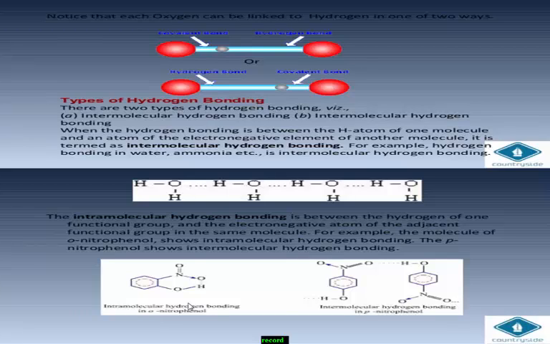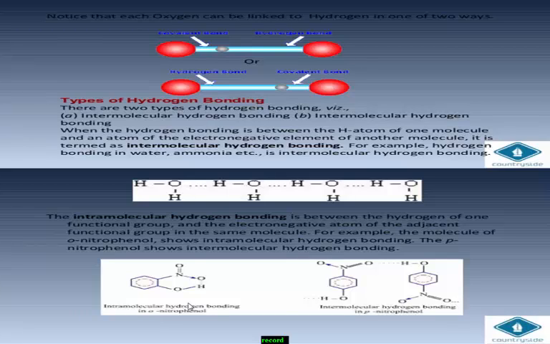And another concept, students, that is Fajans' rule. In the notes I have given 2 points related to Fajans' rule. Remember, smaller the size of the cation and greater the size of the anion, then higher the covalent character in ionic compounds.